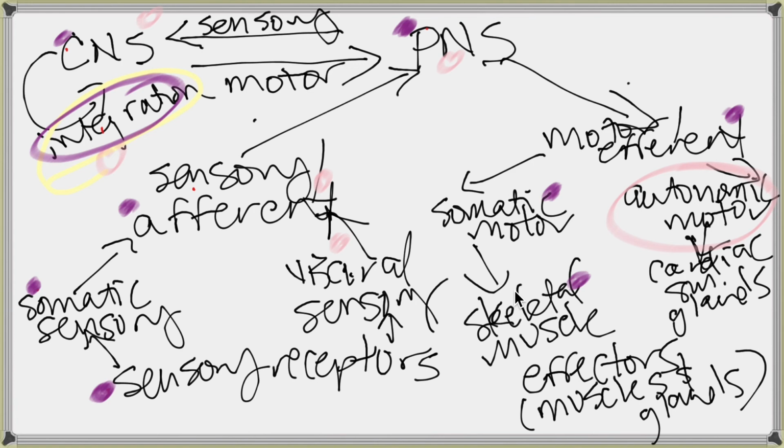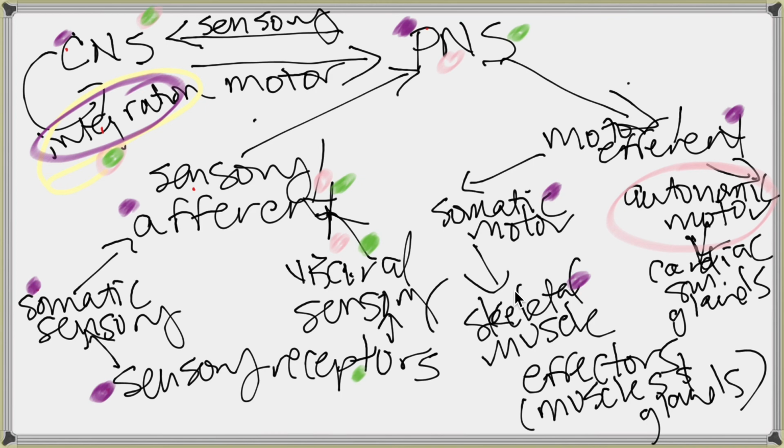Okay, so what's going to happen here is, where is the sensation first? Well, I irritated my digestive tract, so that is visceral sensation. So the visceral sensation finds sensory receptors in the digestive tract, sends it through the afferent division of the peripheral nervous system to the central nervous system for integration, then sends it back out.